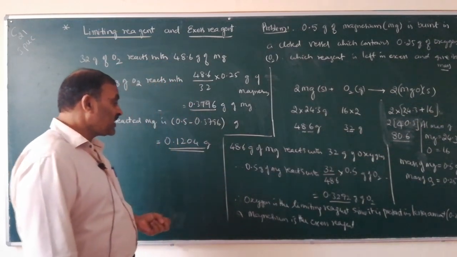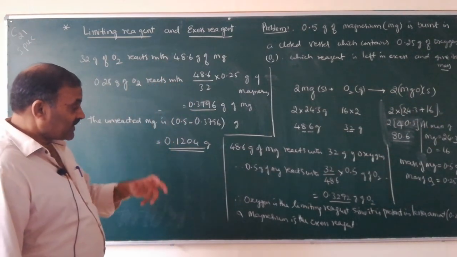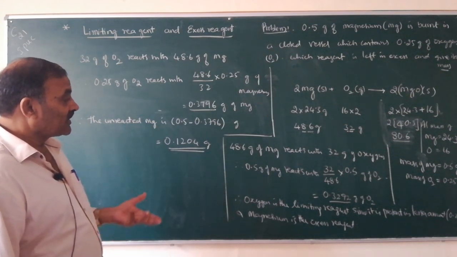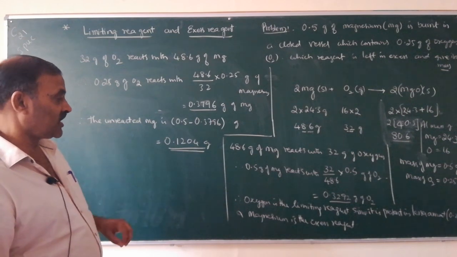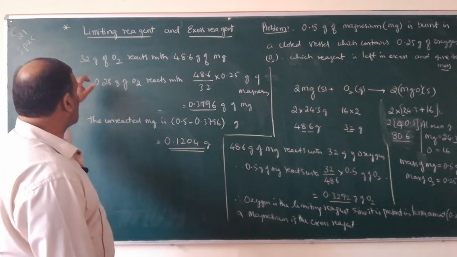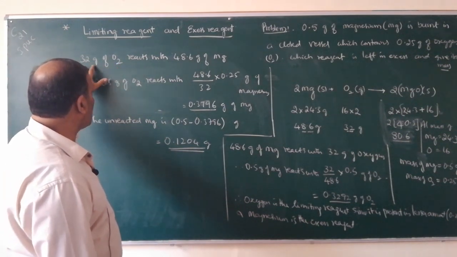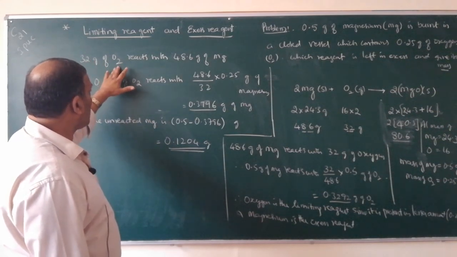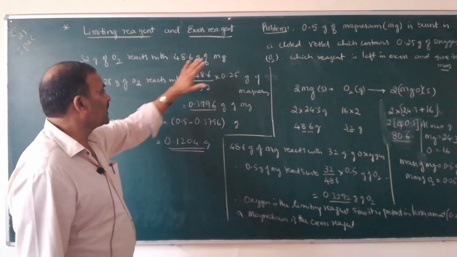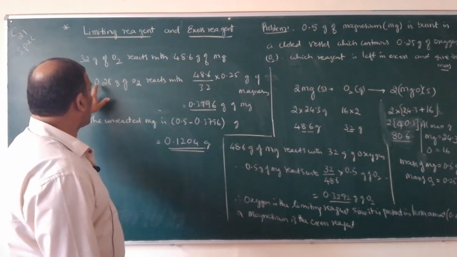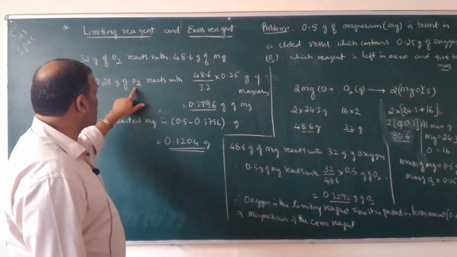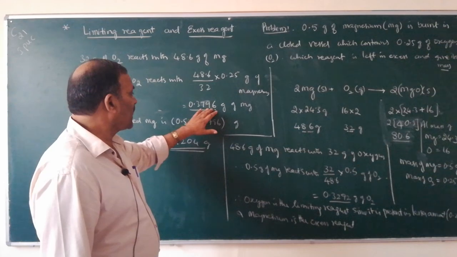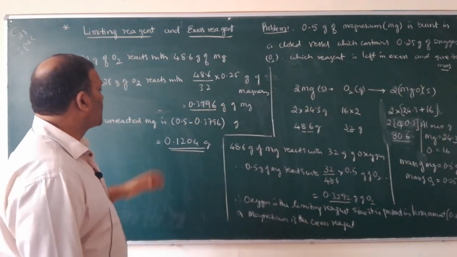How much magnesium is in excess? For that calculation, we have to consider the amount of limiting reagent which reacts. Here the limiting reagent is oxygen. According to the equation, 32 gram of oxygen reacts with 48 grams of magnesium. Therefore, 0.25 gram of oxygen reacts with 0.39 grams of magnesium.